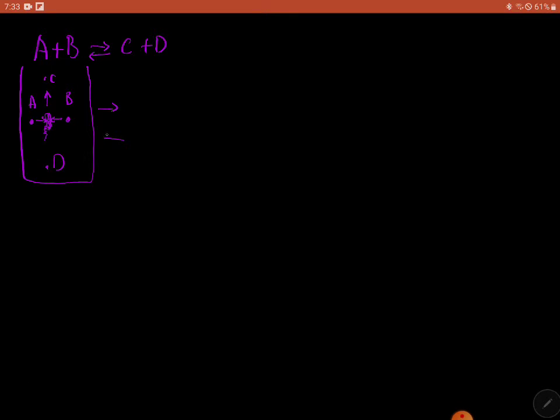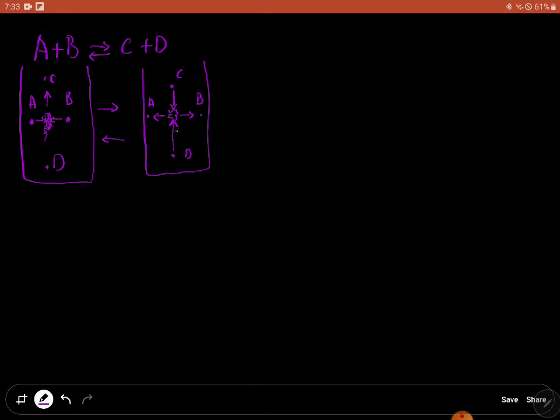Okay, then what is the other model? At the same time, chemicals C and D are present, and somehow by chance they meet each other, and then there is some energy released, and the chemicals A and B are produced as a result of the reaction of C and D. So that is what's happening in chemical equilibrium.